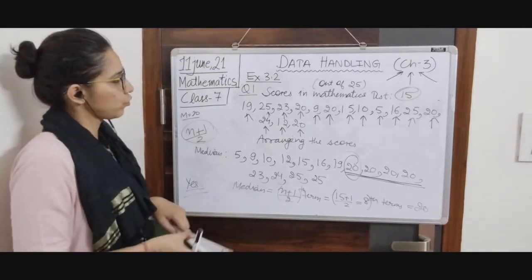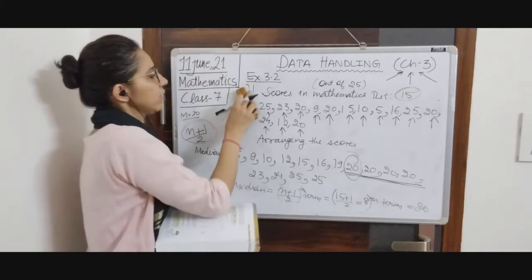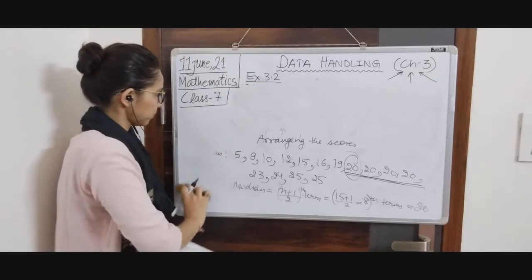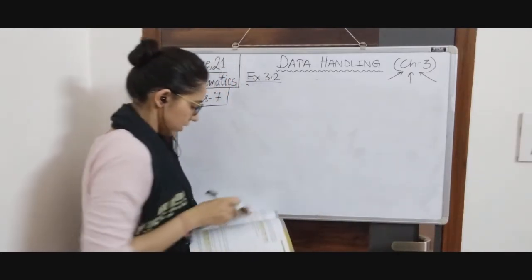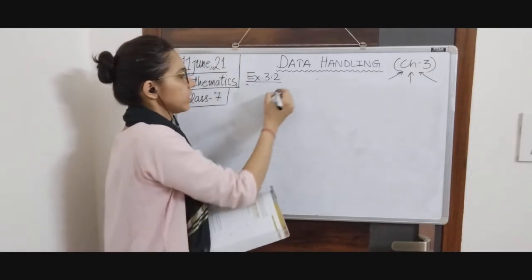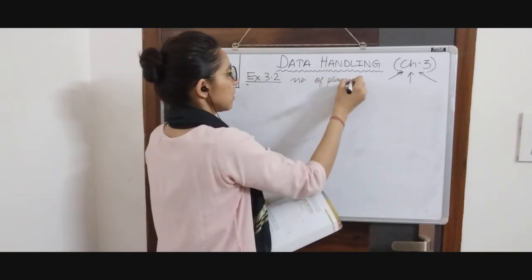Now question number 2. Question number 2 is runs scored in a cricket match by 11 players. The number of players is 11.